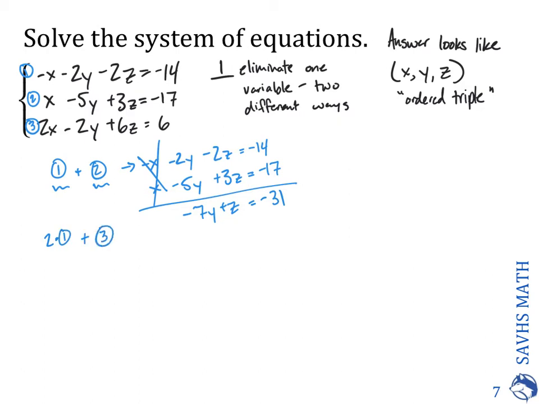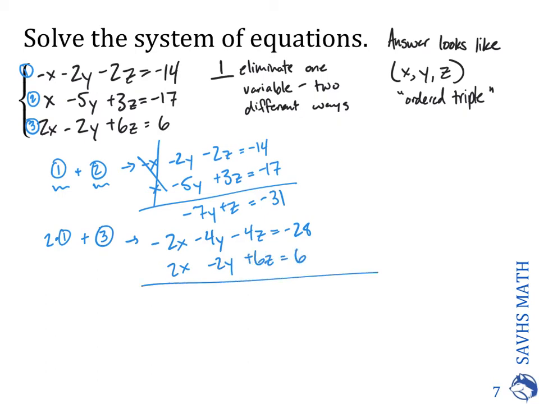Equation 1 times 2 would be negative 2x minus 4y minus 4z equals negative 28. And then equation 3, I just rewrite it: 2x minus 2y plus 6z equals 6.